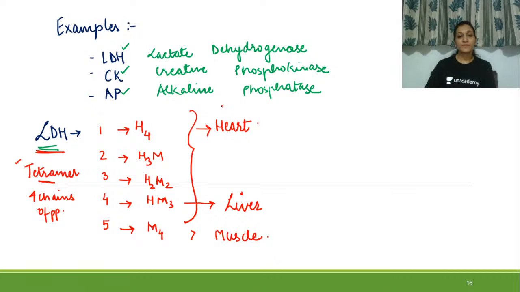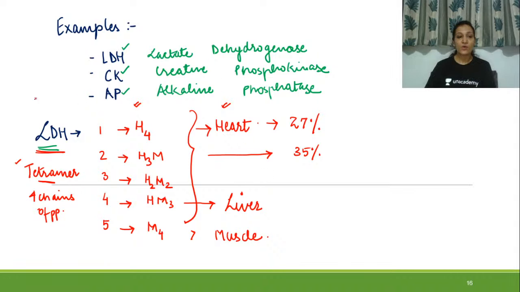So this is where it is found, and this is the characteristic of the polypeptide chains each LDH contains, right? LDH1 contributes 27% of total LDH, and LDH2 contributes 35% of total LDH.